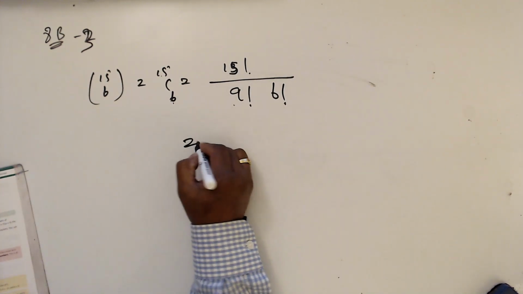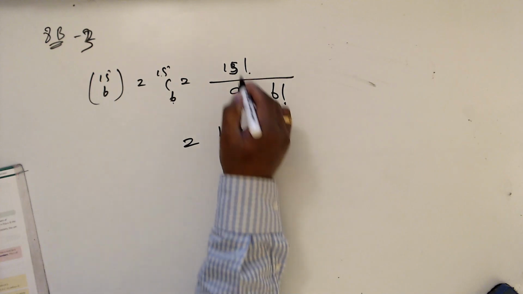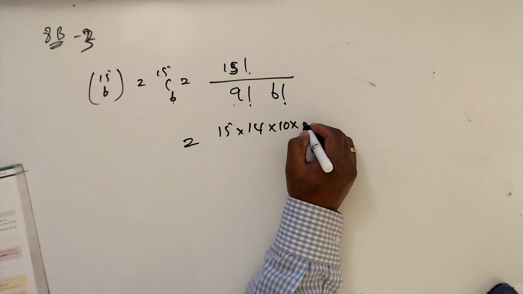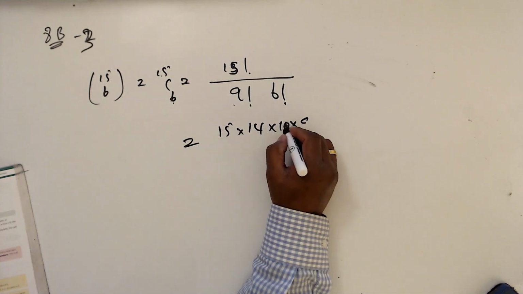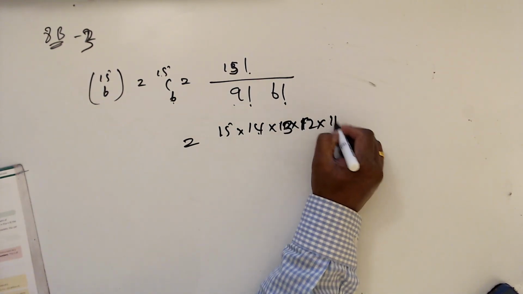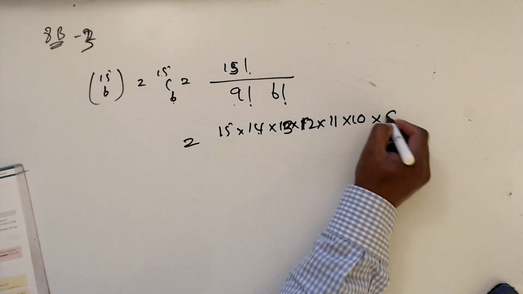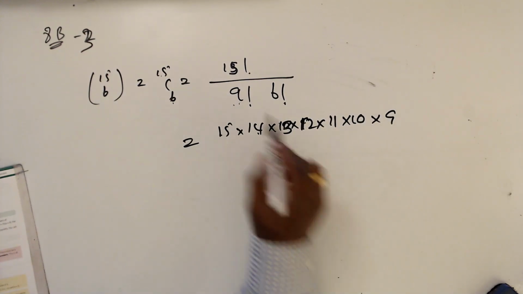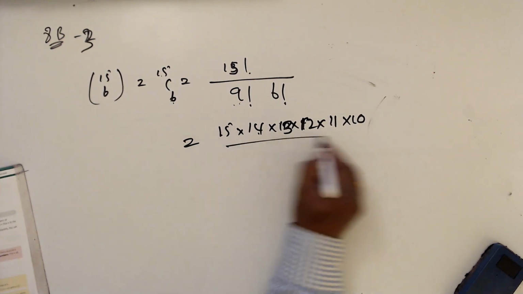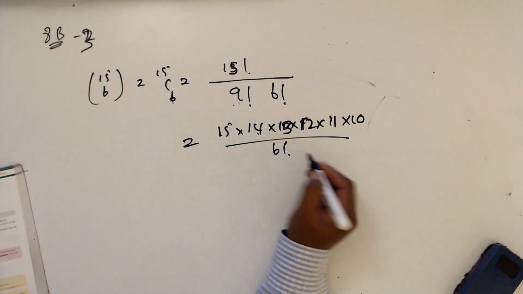So then 15 there, 14 there, 10 there: 15, 14, 13, 12, 11, 10 and 9. Now 9 is going to cancel out, maximum up to 10, and factorial 6.